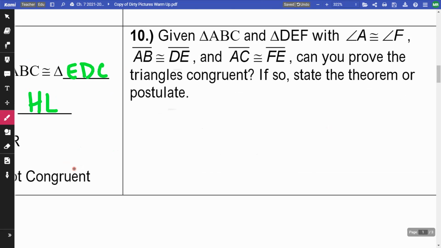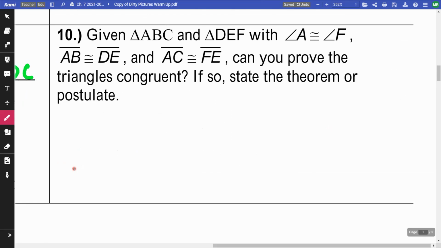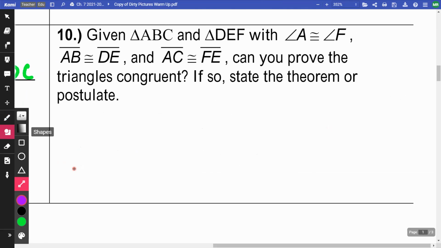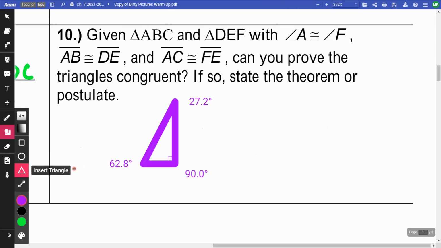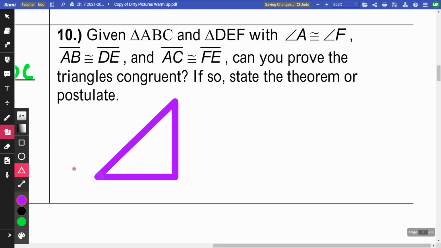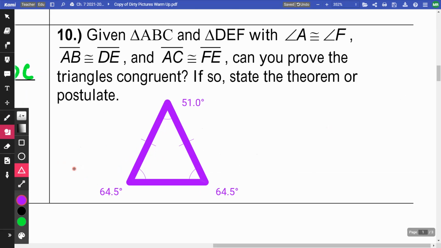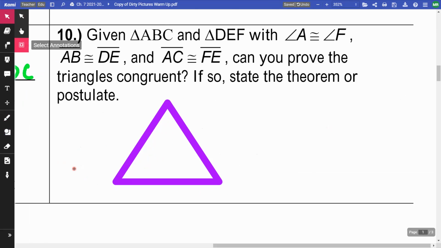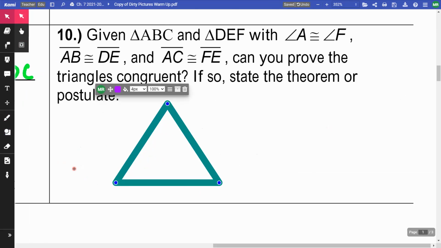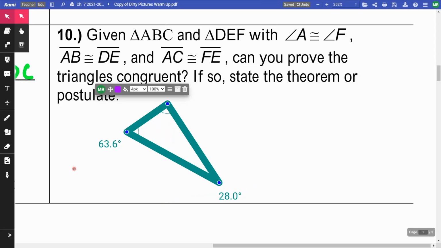Number 10. In this situation, we're going to have two triangles, okay? Let me just draw a triangle, okay? And I'm just going to change it so it doesn't look like anything in particular, okay?